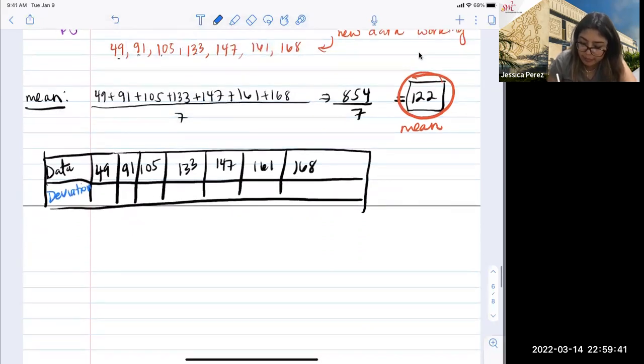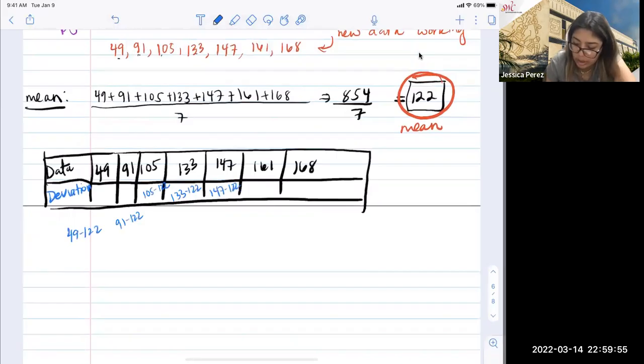It's going to be 49 minus 122, 91 minus 122, 105 minus 122, 133 minus 122, 147 minus 122, 161 minus 122, 168 minus 122.